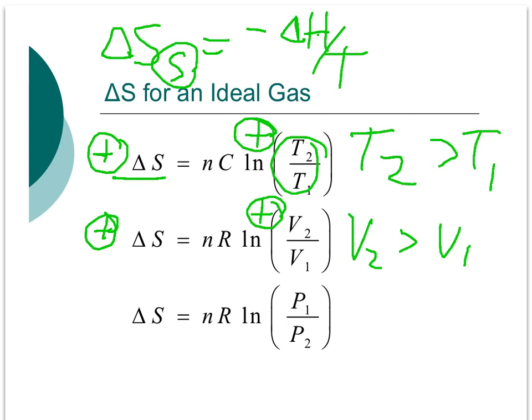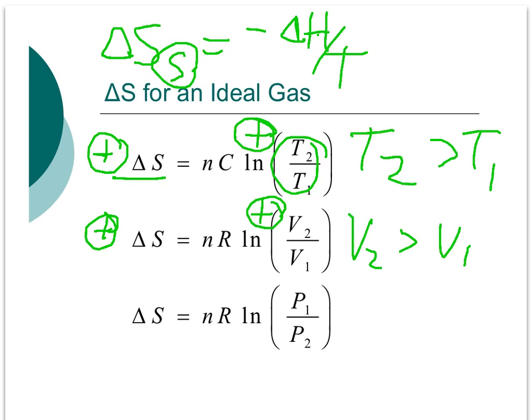We talked about that in class already with our box diagrams. If you expand the volume, the entropy goes up, because there are more arrangements in more space, and here's a way we can see that quantified for the expansion of an ideal gas.